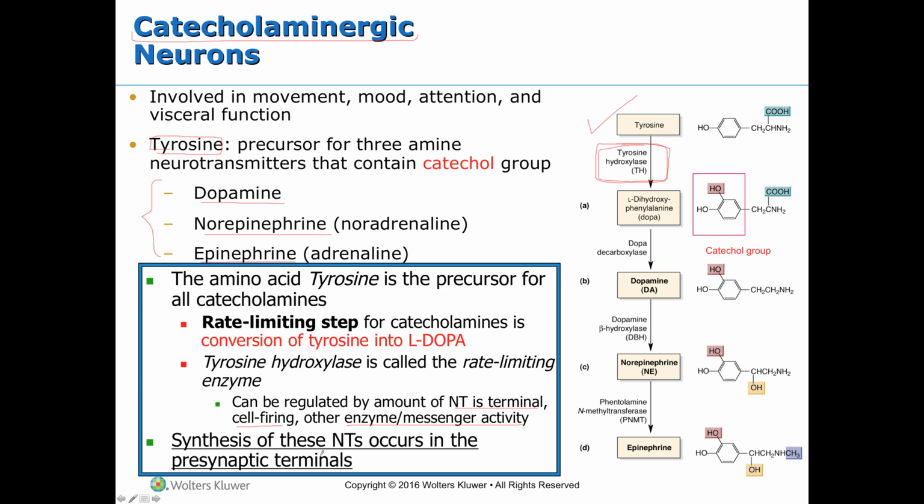So the synthesis of these neurotransmitters occurs inside the presynaptic terminal. So again, one of the really big key issues in neuroscience is that all these small neurotransmitters are going to be synthesized directly at the level where they're going to be released, so specifically in the presynaptic terminal.